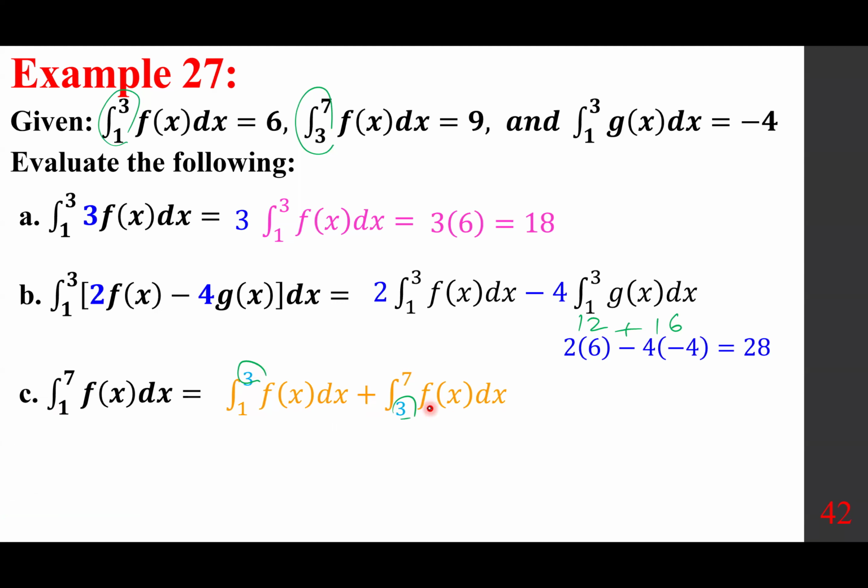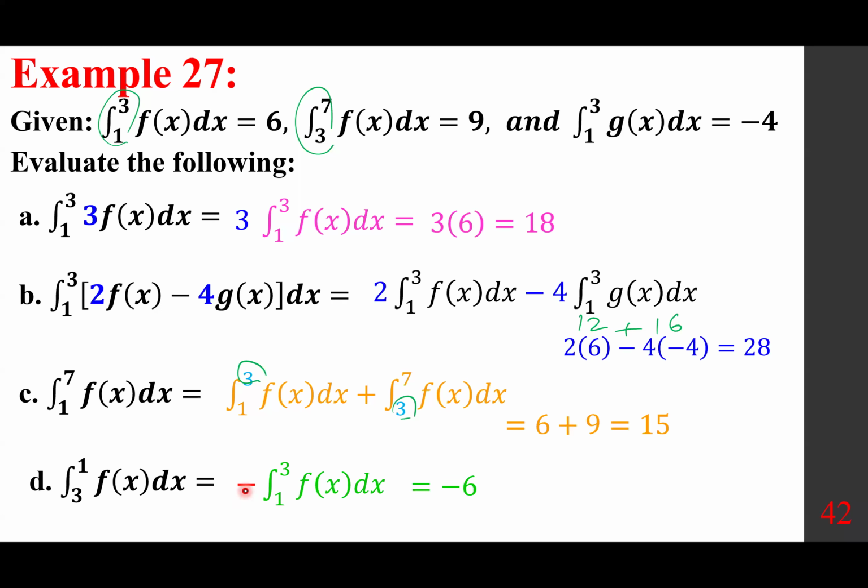So the answer is 6 and 9, 15. What about the integral of 3 to 1 f of x dx? It's the same as this one, flip it over, therefore it becomes negative. So the answer is negative 6. This makes it negative. Okay? Very straightforward, everybody.